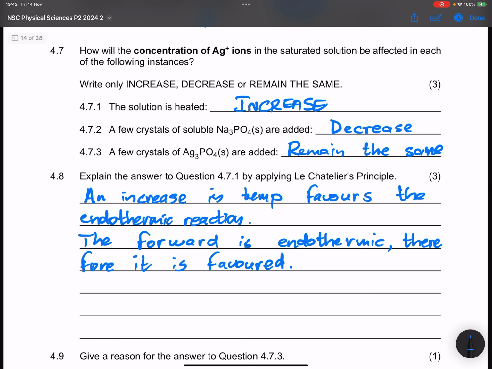And so that will increase the amount of silver ions, right? So please remember, an increase in temperature will always favor the endothermic reaction so that it can decrease the amount of heat that has been added, okay?